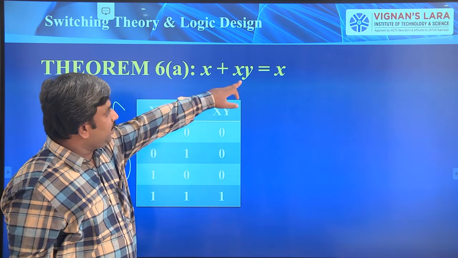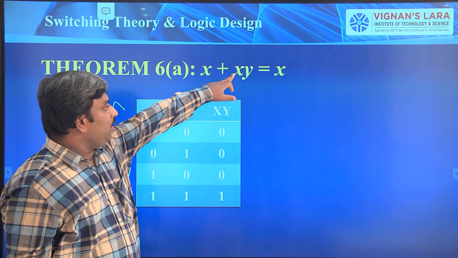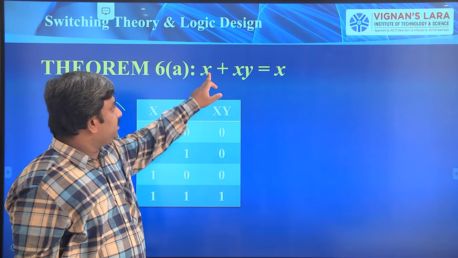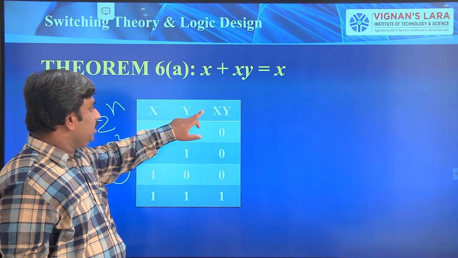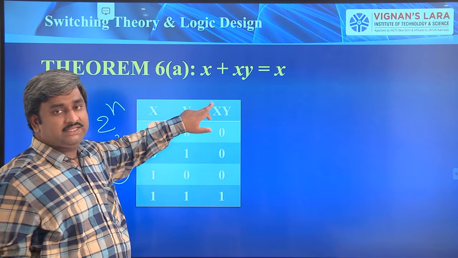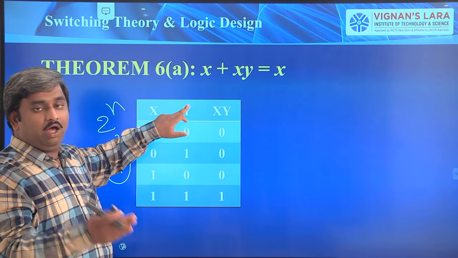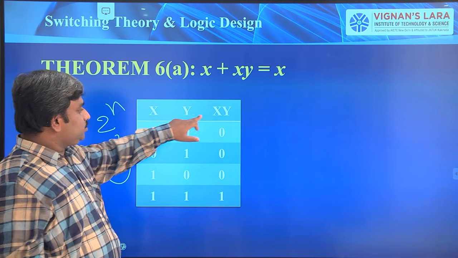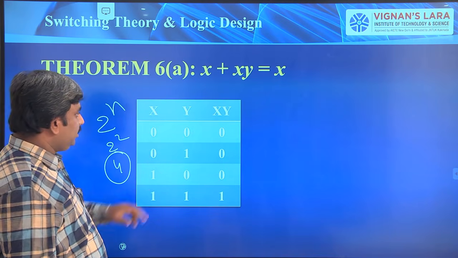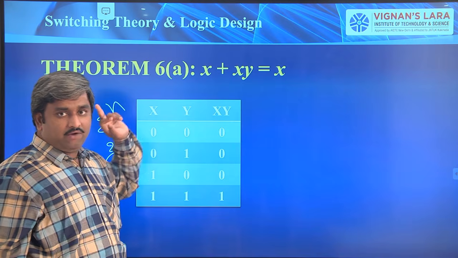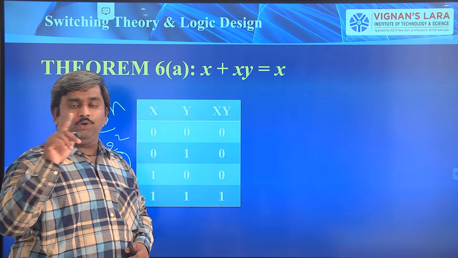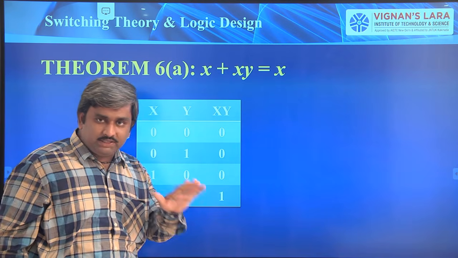Next, in this equation at the LHS side, we have the XY operation. XY is written as X AND Y, X and logic and Y. So X into Y. Based on AND gate functionality, if both inputs are high, then only the output is high.